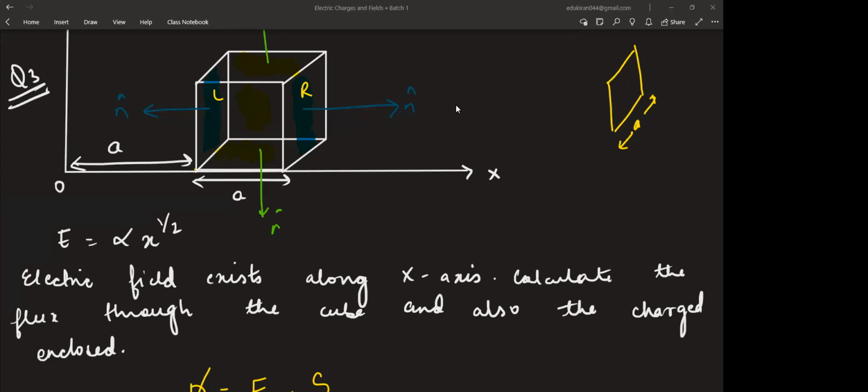I'll repeat it. See, when you are putting the value of x, electric field is given as alpha x to the power half. X means the separation from the origin. So for the right face, this point is separated from the origin by 2A, A plus A. If you look at the left face and the origin, this is just separated by A. Now clear?